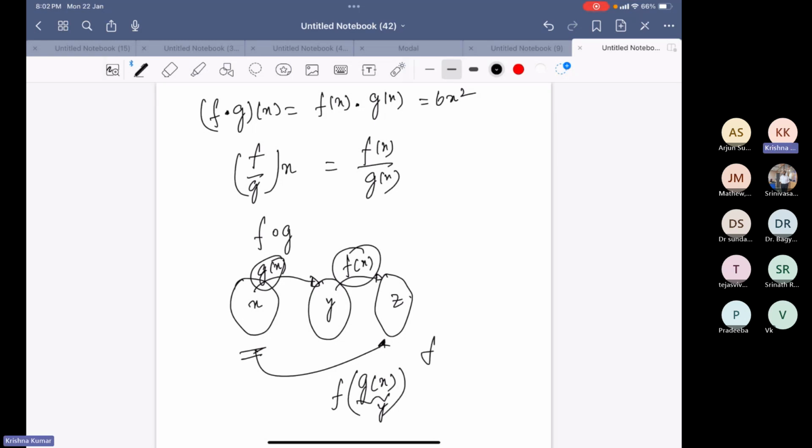So f of g of x is written as f circle g of x. So g is the inner function because it's inside, and f is the outer function. Okay.